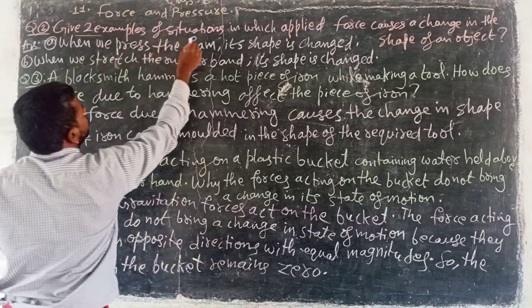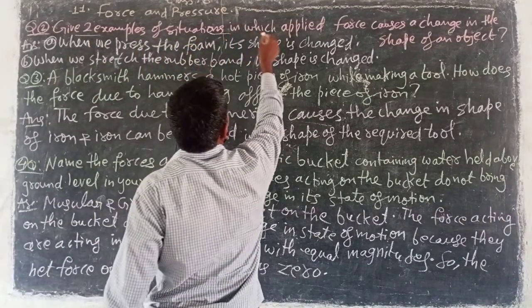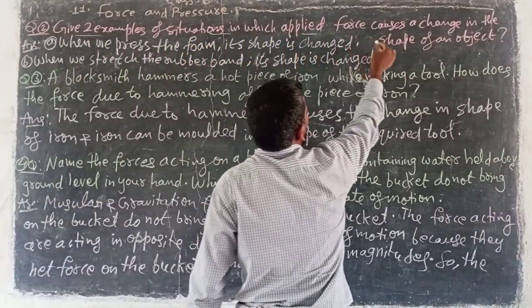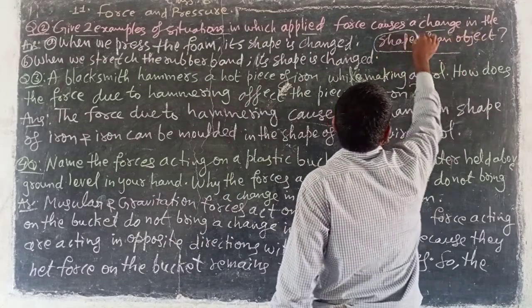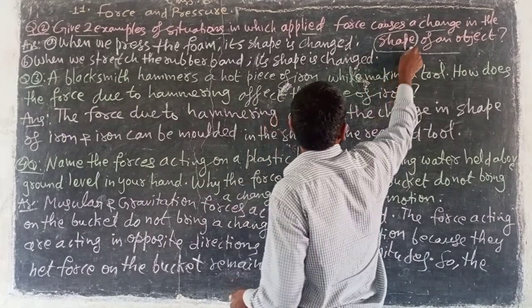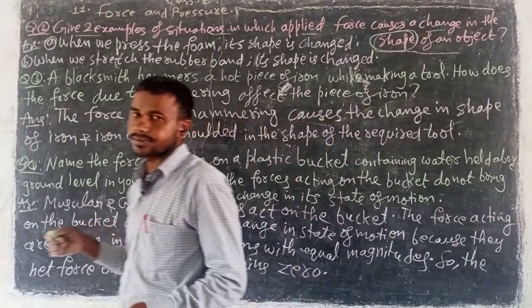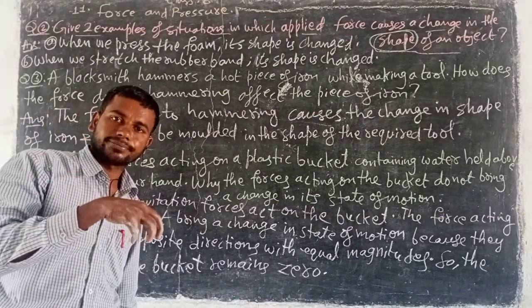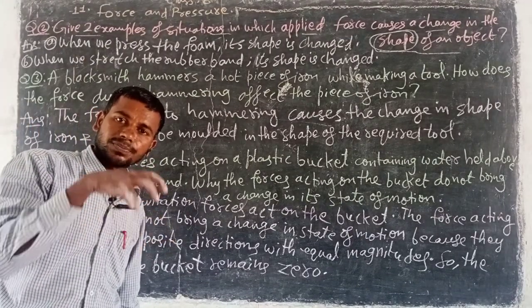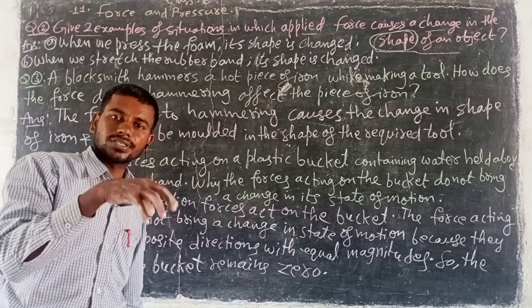Give two examples of situations in which applied force causes a change in the shape of an object. Shape, you should remember. Two situations are needed, where the shape is changing.